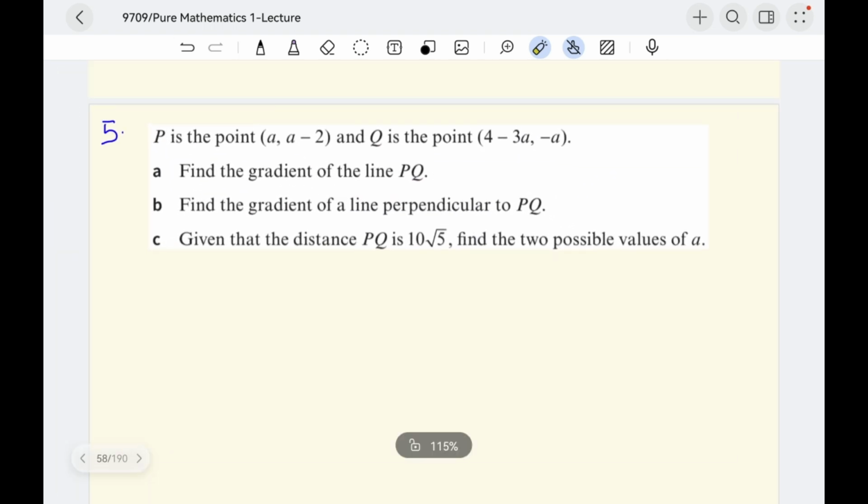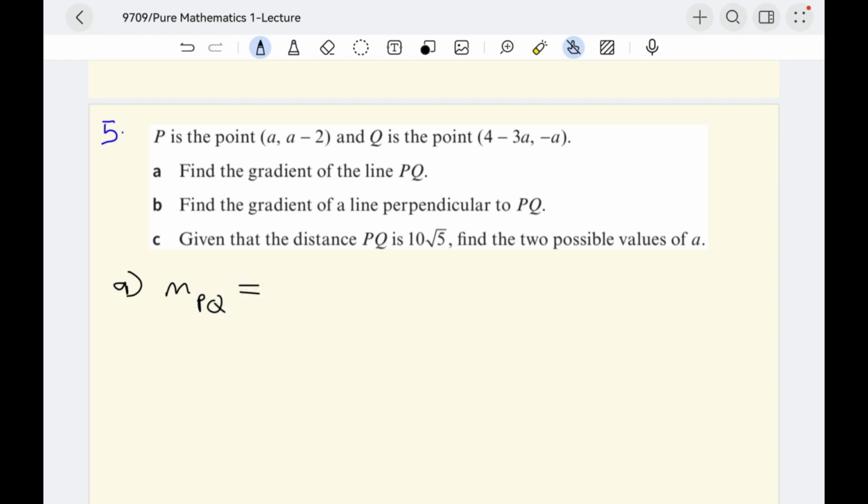Alright, for part A, find the gradient of the line PQ. This first part should be easier. For the physics students, don't tell me you don't know what a gradient is. This one you should have learned in secondary school. So what is the gradient of PQ?